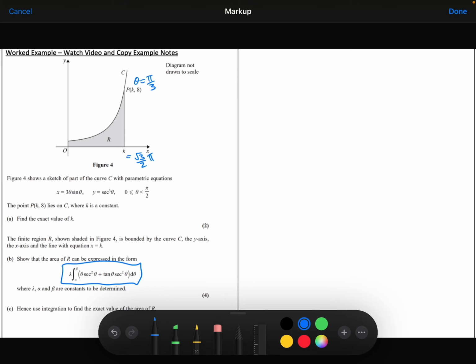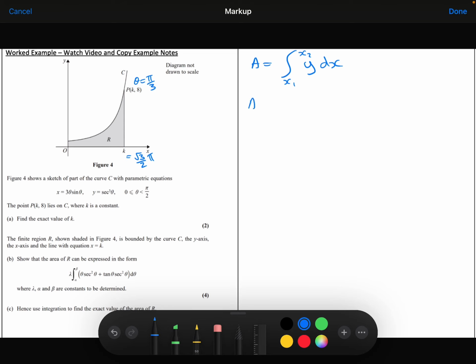Right, so let me start with the basic formula, which is that the area is equal to the integral of y dx, where I would usually have x limits. In this case here, however, we have got parametric equations.